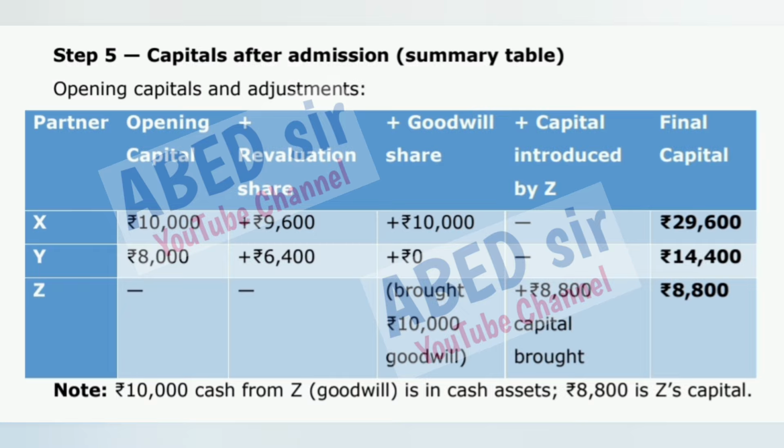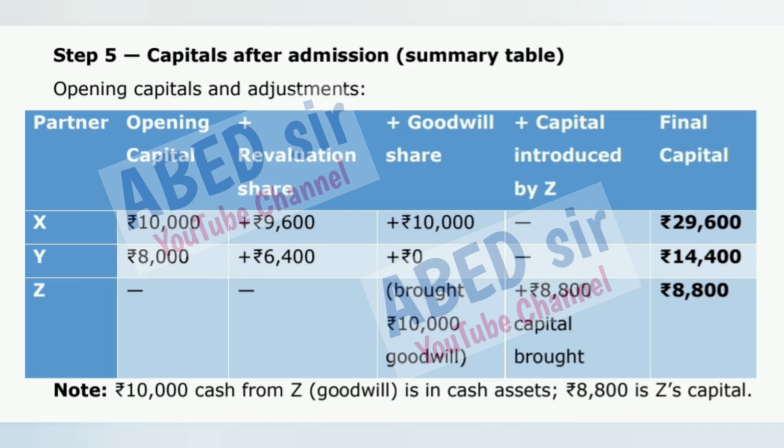Step 5. Capitals after admission. Summary table. Opening capitals and adjustments. Partner: opening capital plus revaluation share plus goodwill share plus capital introduced by Z. Final capital. X: 10,000 rupees plus 9,600 plus 10,000, 29,600 rupees.